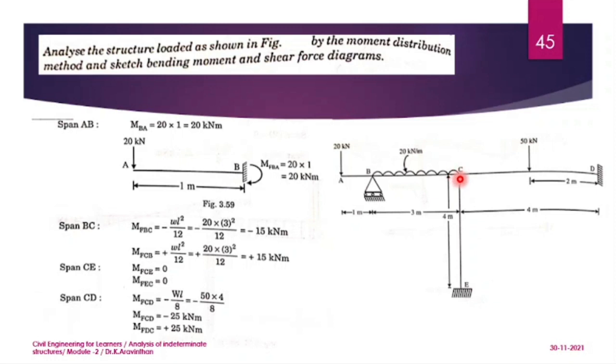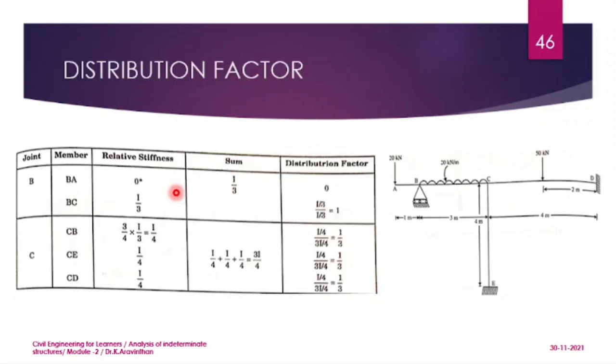So C is connected with CE, CB and CD. So you will be using 3 formulas. And joint A and joint D don't have 2 members, hence you can omit them.